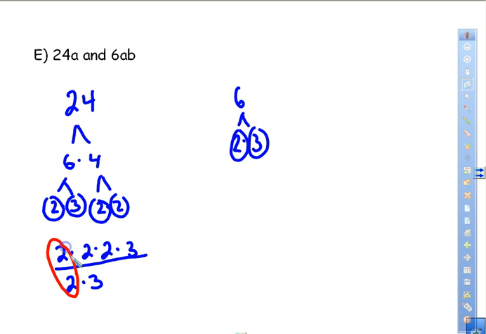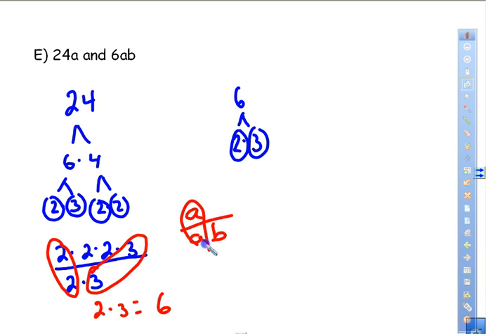Well, I've got a group of 2's and a group of 3's. So 2 times that 3 gives me 6. And then again, comparing what I have up here, I have an A and I have an AB. And what's common are just the A's, so my answer is 6A for my greatest common factor.